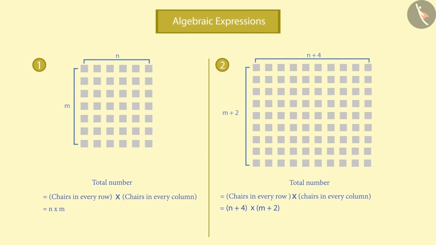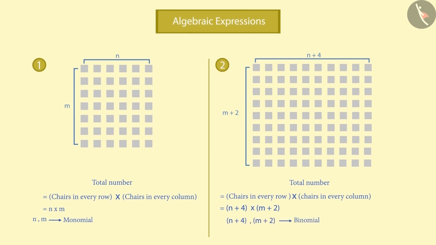In both cases, we multiplied two algebraic expressions. In the first situation, the expression n and expression m were multiplied. We know that n and m are two monomials. In the second situation, the expression n plus 4 and expression m plus 2 were multiplied. We know that n plus 4 and m plus 2 are two binomials.